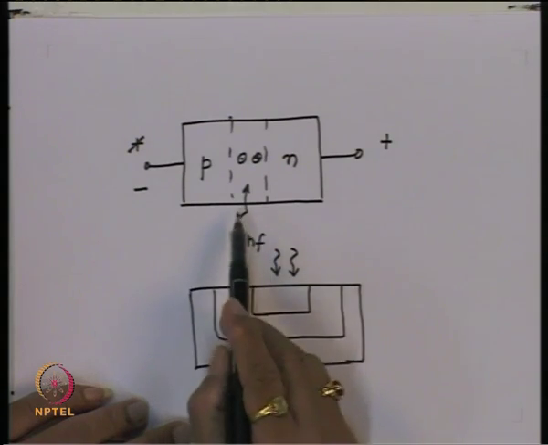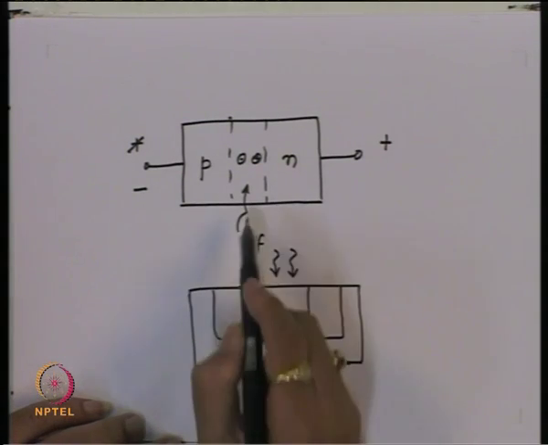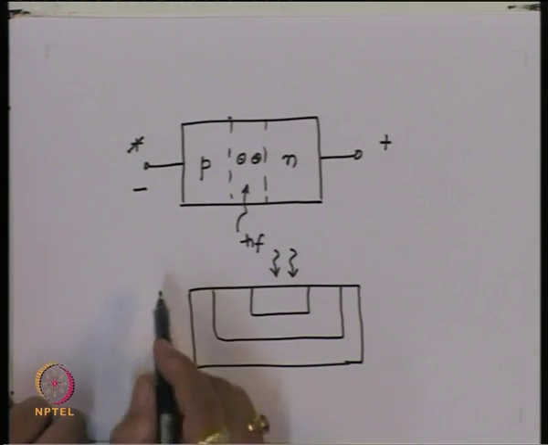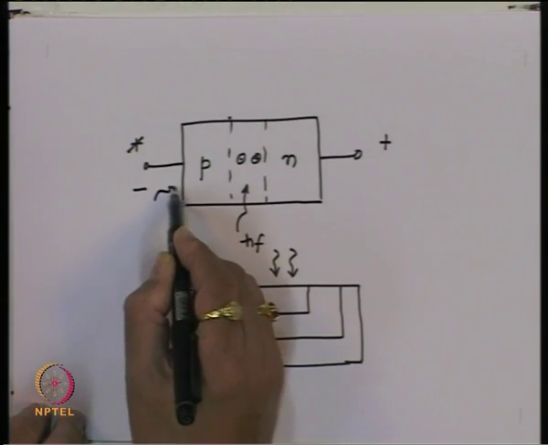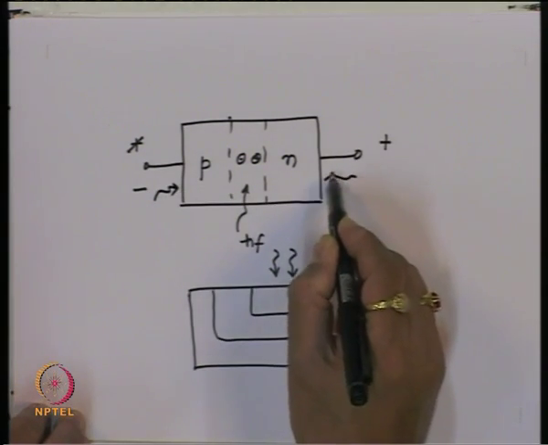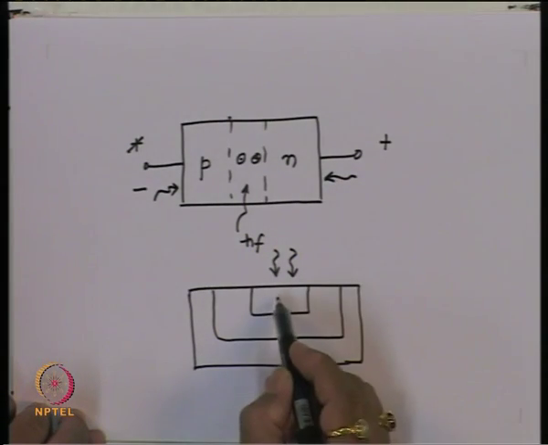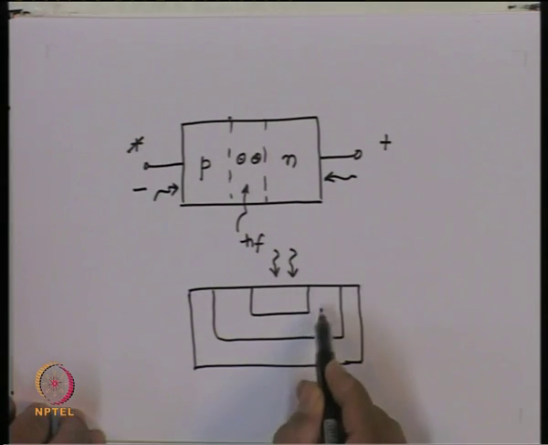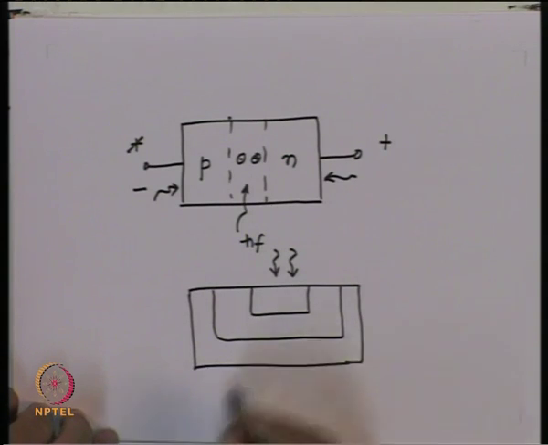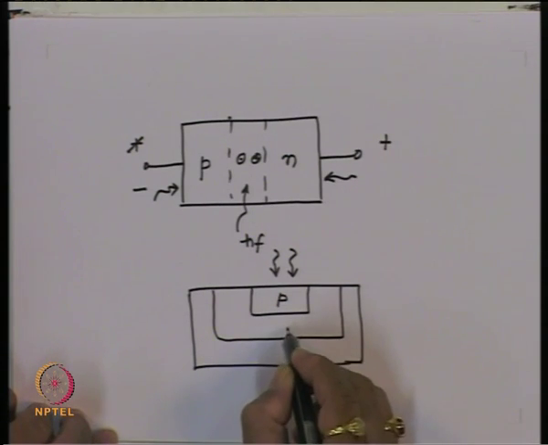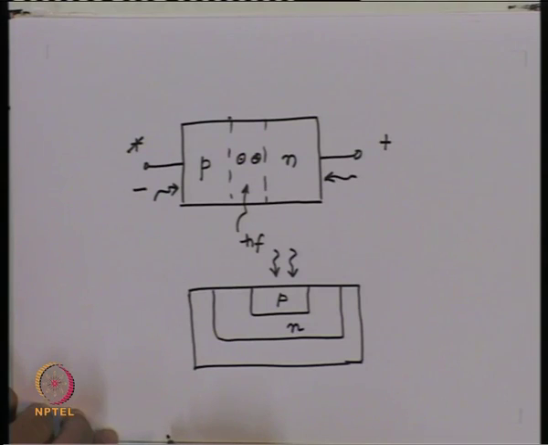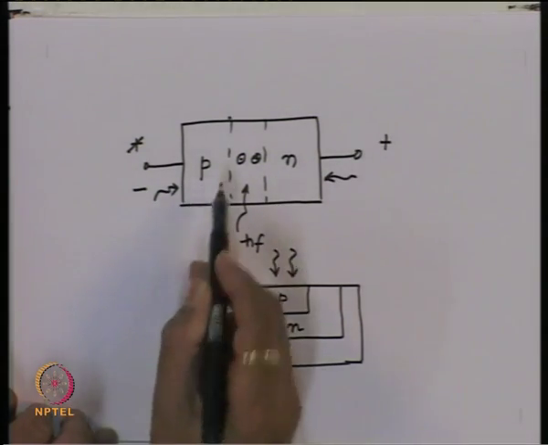So, the photon, when it goes inside the PN junction, does not go sidewise this way, but actually it will be incident either from this side or from this side, depending upon whether this material is P or N. So, if we take this as P and this as N, then the photon will be incident from the P side.